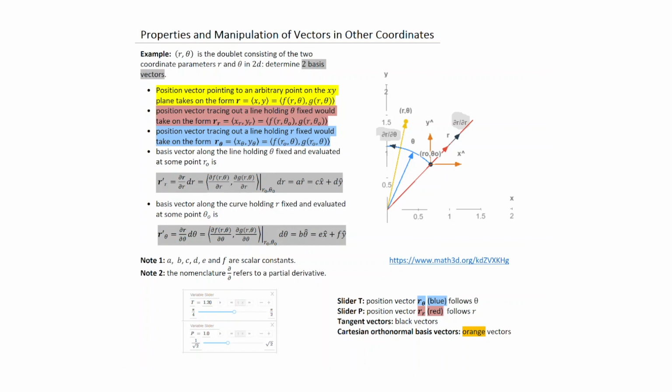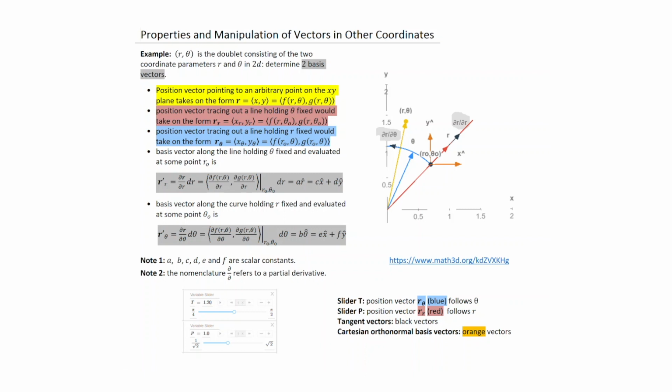This is in the theta hat direction, and it takes on some scalar value b there. Again, it can also be represented in the Cartesian coordinate system as a linear combination of x hat and y hat, and that's shown there. So they're equivalent to each other. Again, A, B, C, D, E, and F are scalar constants.